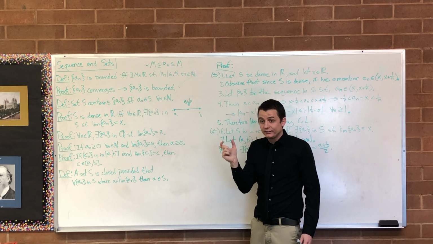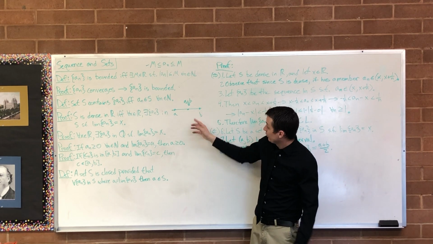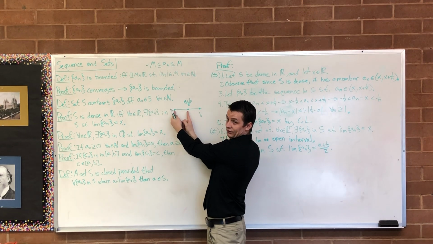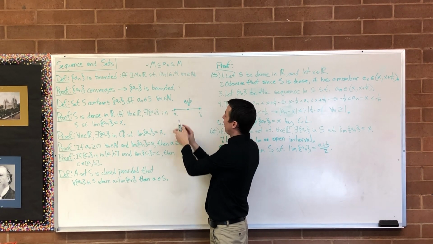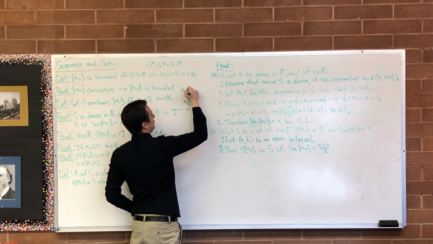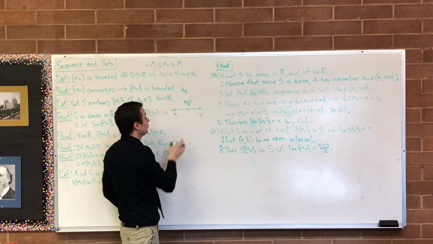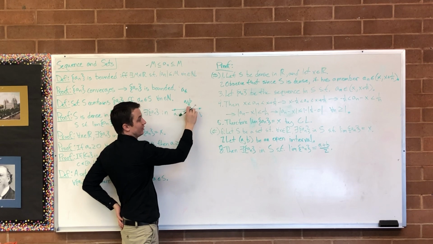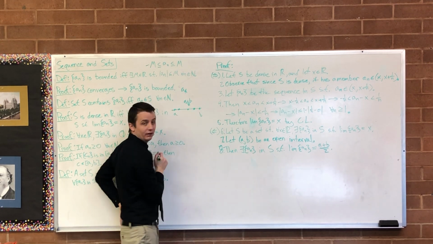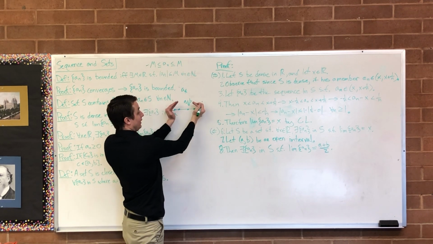I want to pick a distance that makes sure that they're within (a, b). Because if I find a term a_n that is within this distance of this number, that forces it to be in this interval. It has to be somewhere over here, somewhere over here. Either way, it's in (a, b).